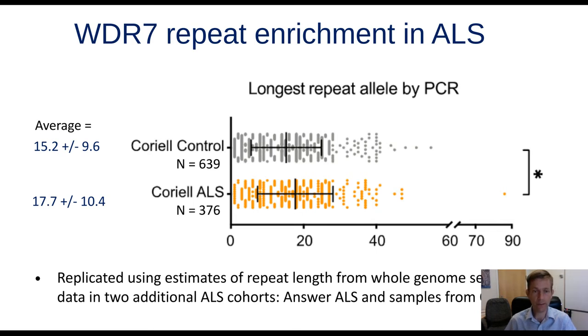We used whole genome sequencing and read depth to estimate copy number in 2 cohorts, one from Answer ALS and another in samples from Quebec, Canada. So in our mind, even though control individuals have high repeat copies as well, there's this shift, this kind of modifying effect in the context of ALS.